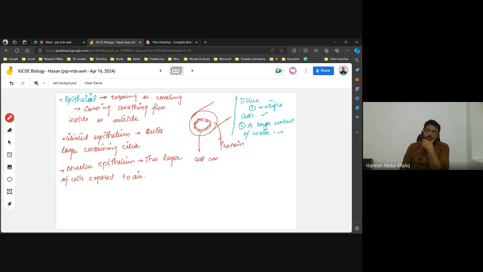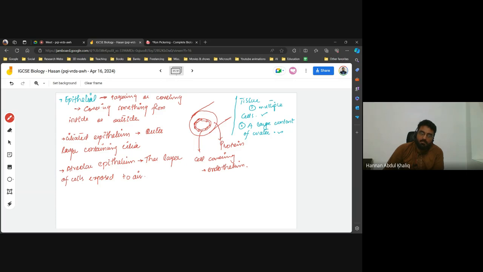You would now say it is endothelium. Still the concept is the same, but here you would say endothelium. It's a layer of cells present inside.